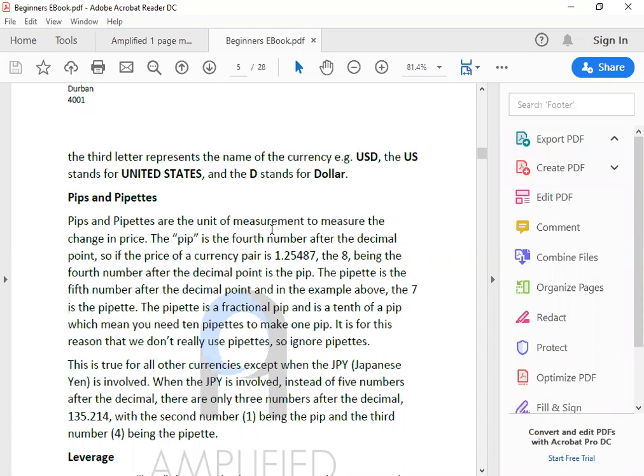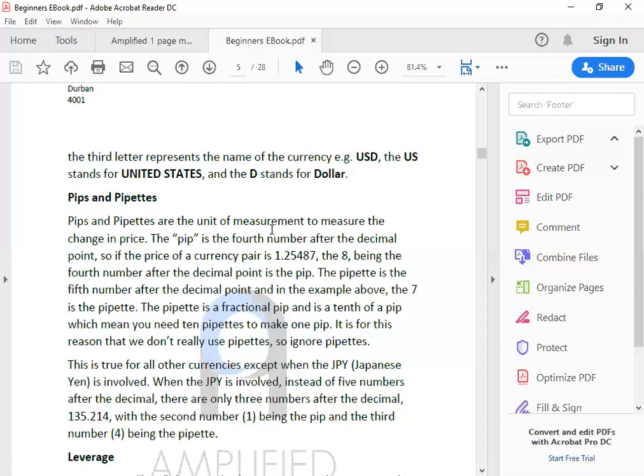We need to be able to translate whatever money we make, or firstly, have some way of measurement to see how much we're actually making within the market. So hence we have the terminology PIP.